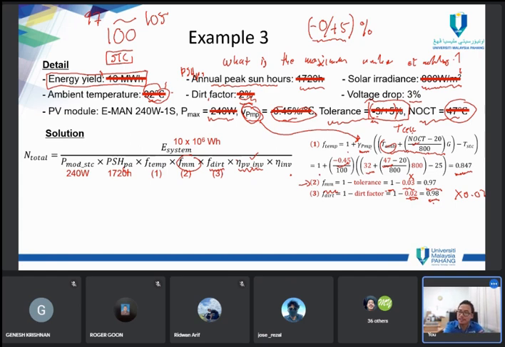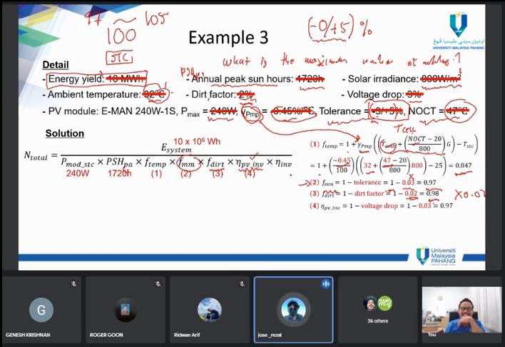So we take the voltage drop. One minus 0.03 gives 0.97. Okay, 0.97. We deduct from the voltage drop, same as F dead from the dead factor, FMM from the tolerance. So the value is not 0.03, but it's 1 minus 0.03.